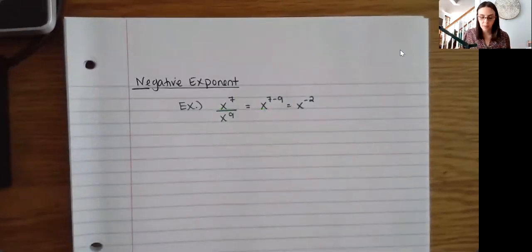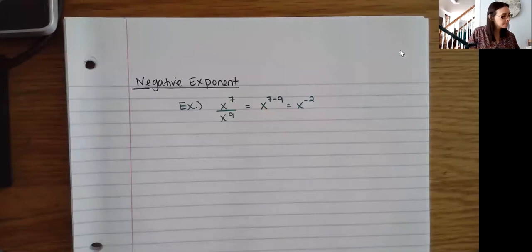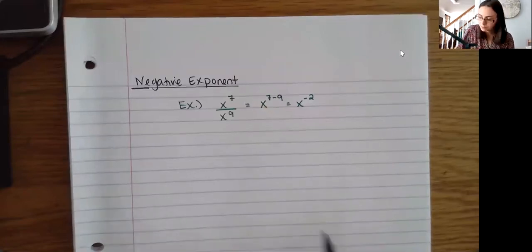What do I do with a negative exponent? A negative exponent actually refers to a reciprocal or flipping idea.